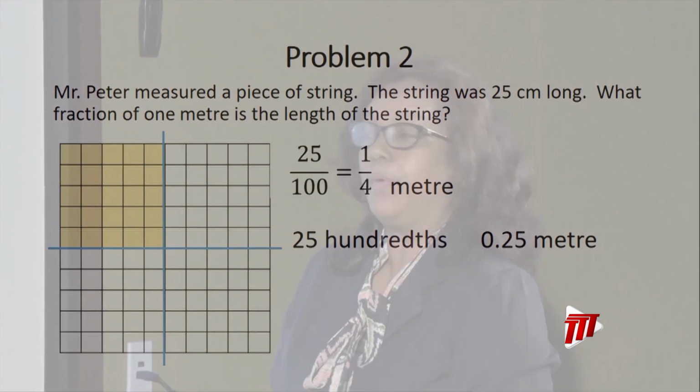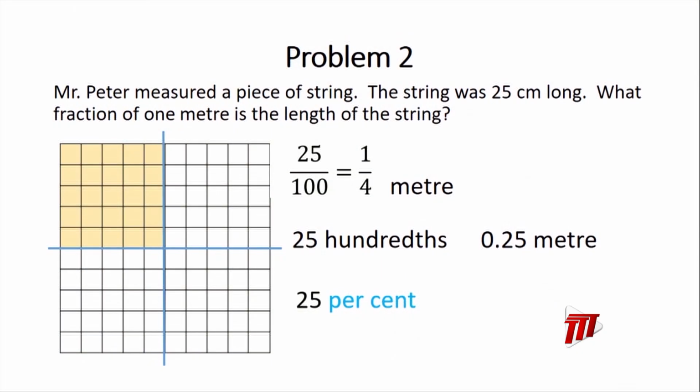Is there any other way we can represent this fraction? Yes, we can. 25%. So 25% is the same as 25 hundredths, and that is the same as 1/4. And I can write 25% in words, or I can write 25% with the symbol, which you know.